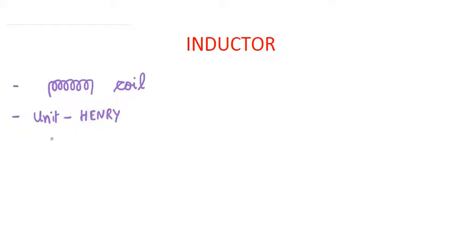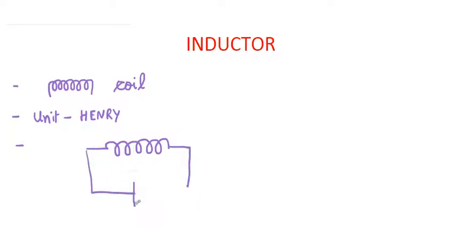When we connect a voltage source across an inductor, then a current I flows through the circuit.